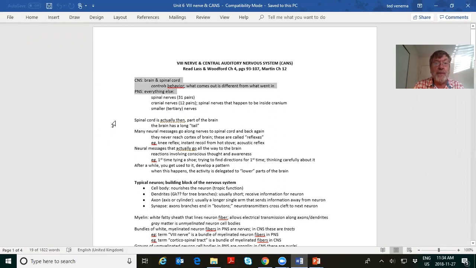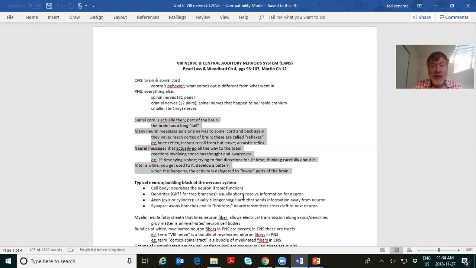Moving on down to this paragraph here, the purpose of that paragraph was mainly to highlight the fact that reflexes involve the lower parts of your brain. In other words, the spinal cord and the brain stem. Behavioral actions like deciding to raise your hand when you hear a tone, okay?